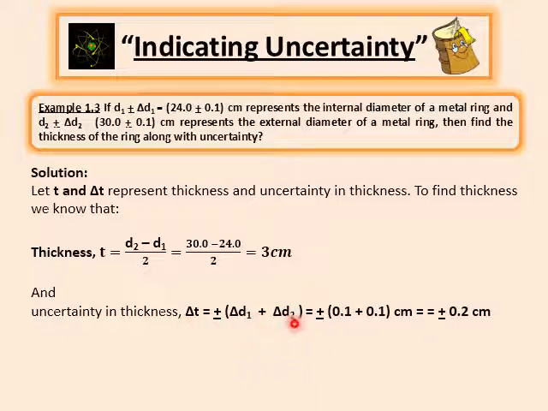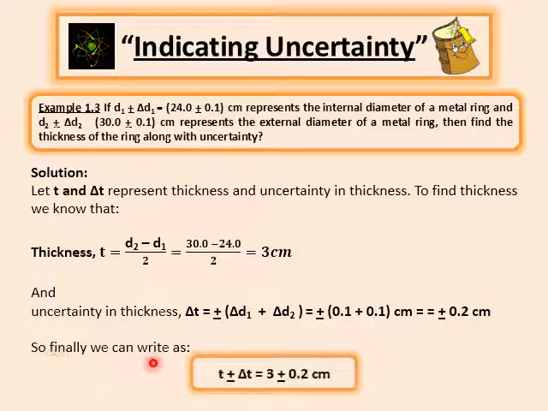Now this is according to the rule for addition and subtraction. So delta d1 plus delta d2, putting in the values of delta d1 and delta d2, we get plus minus 0.2 centimeter. Now finally we can represent the thickness with the uncertainty in thickness: T plus minus delta T is equal to 3 plus minus 0.2 centimeter.